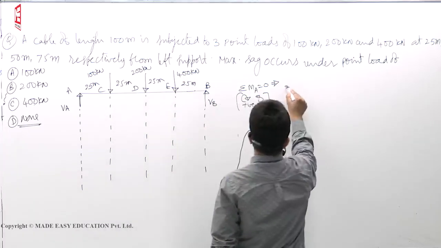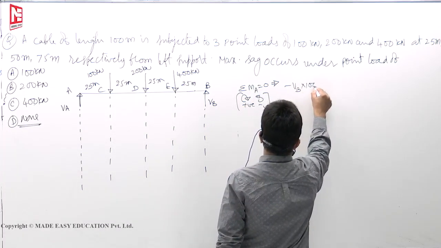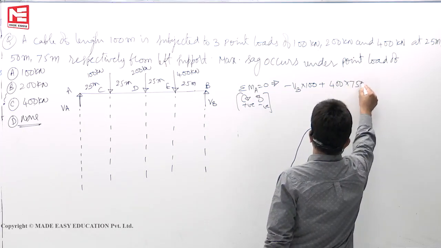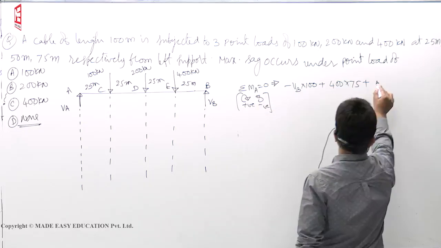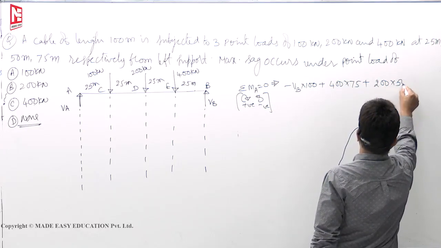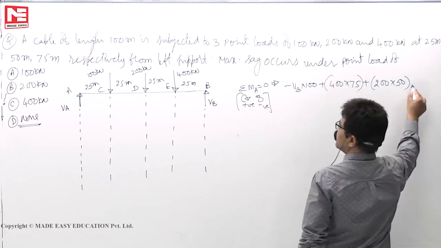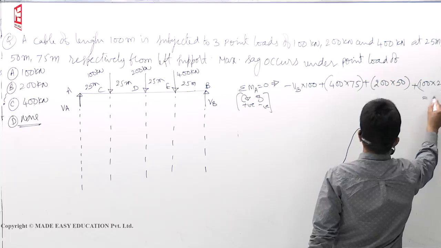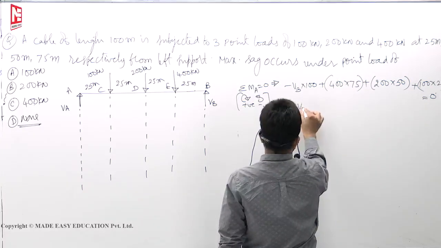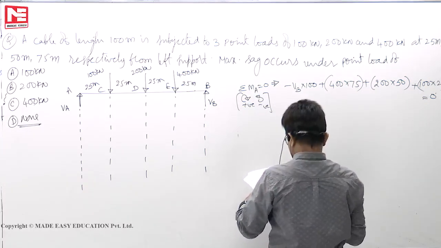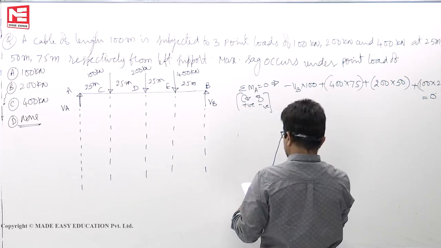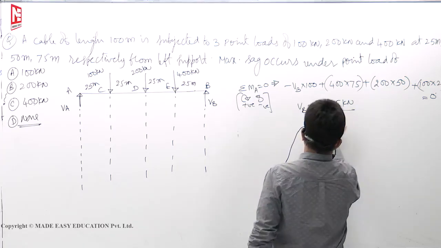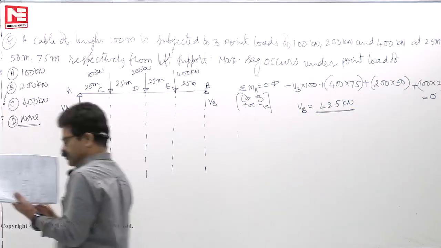So, minus VB into 100 plus 400 into 75 plus 200 into 50 plus 100 into 25 must be equal to 0. For this you do not require a calculator. VB you will get around 425. Now, the VB value we found.